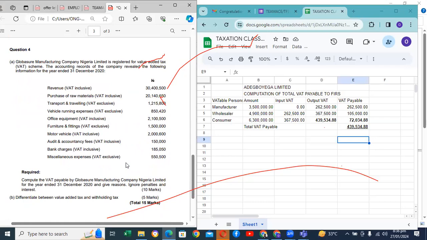Sir, for the input VAT, did we do 7.5% from the purchase? To get VAT for consumer, we do 7.5% times 4.9 for input VAT. Exactly. Okay, sir. Thank you, sir. You're welcome, ma'am.